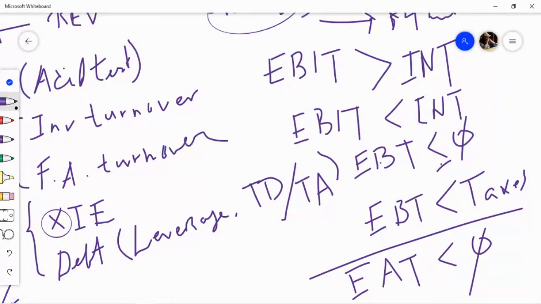But if your question is what happens after default, two things. Creditors can give leeway. They can work it out. We'll let you slide this time, but I know you didn't make profit, so you can't pay interest, but we'll give you an extension.